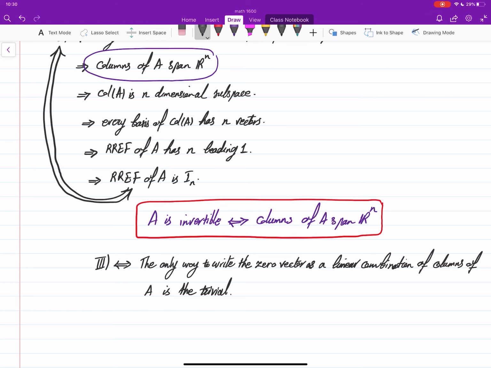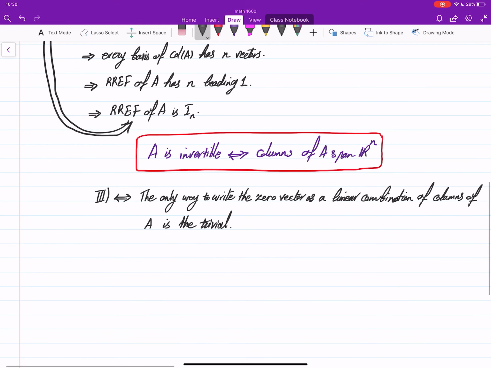It means that we need to put all the coefficients equal to 0. When you have a set of vectors and the only way you can produce 0 as a linear combination of them is when you put all the coefficients equal to 0, this has a name for us. This is the definition for those vectors, in this case the columns of A, being linearly independent.